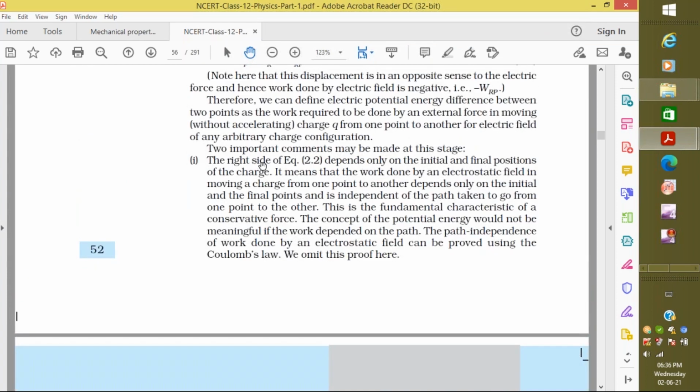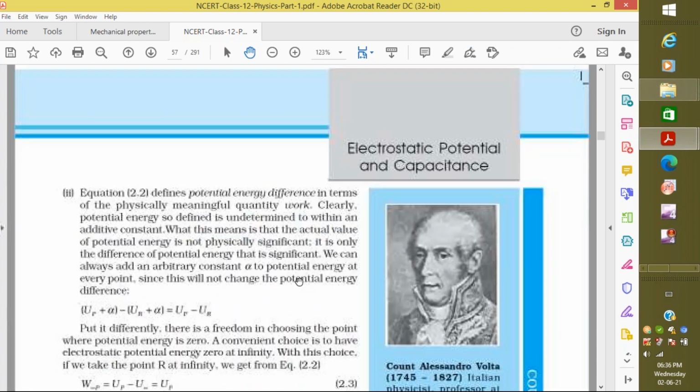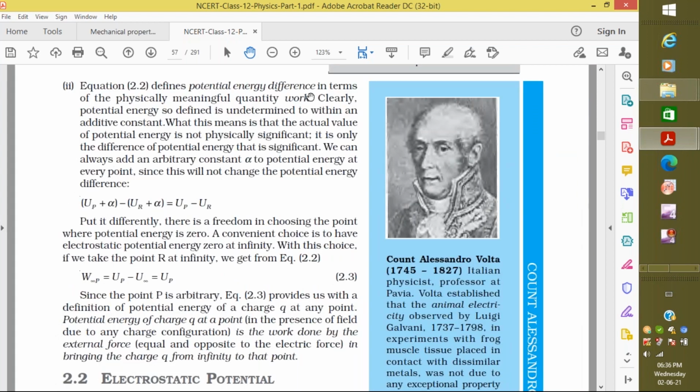So what is this point saying? This point is saying that the potential energy concept is relevant only for a conservative force field, and in that case the potential energy depends only on the final and initial position, not on the path. If it depends on the path, then it is not that meaningful.